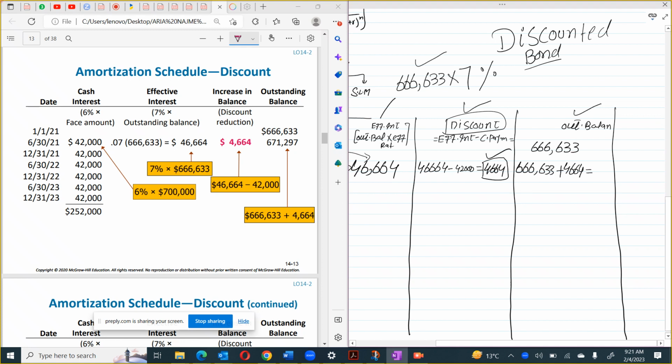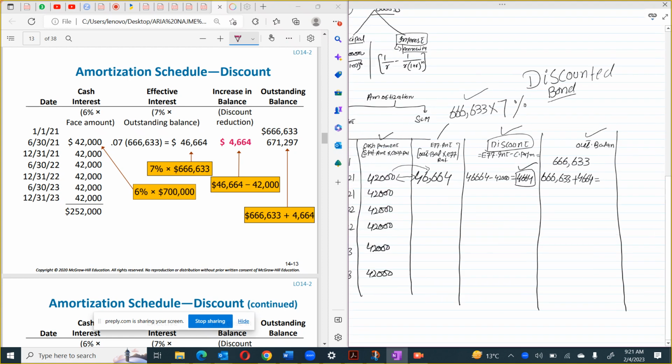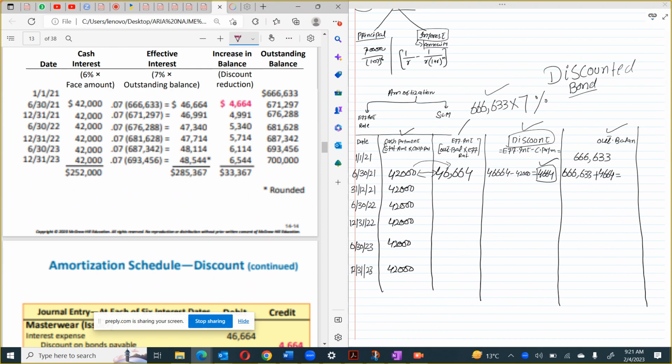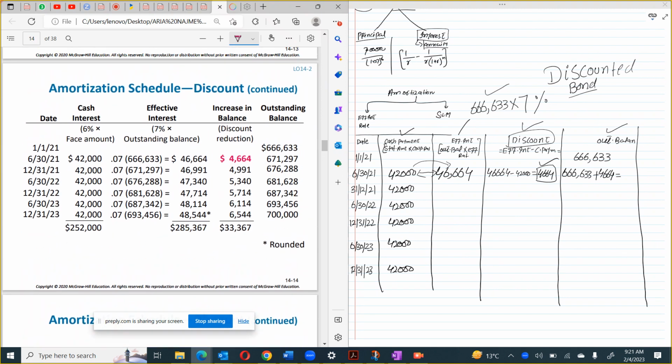Now your current outstanding balance is equal to, tell me. Can you repeat the outstanding balance, please? So, how I did is, you will take the previous outstanding balance, then plus the discount amount, the current period discount amount.